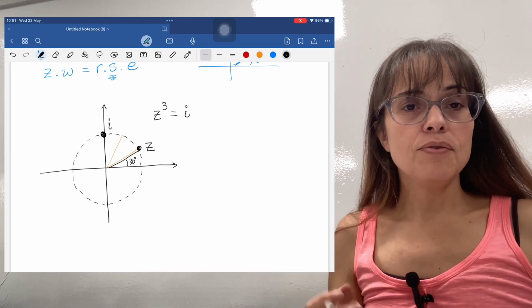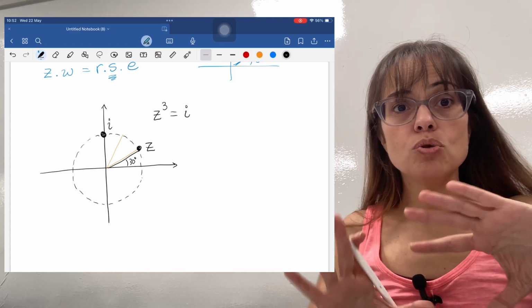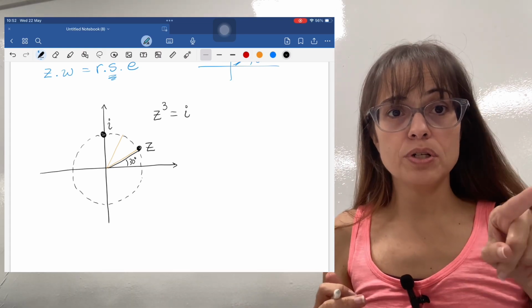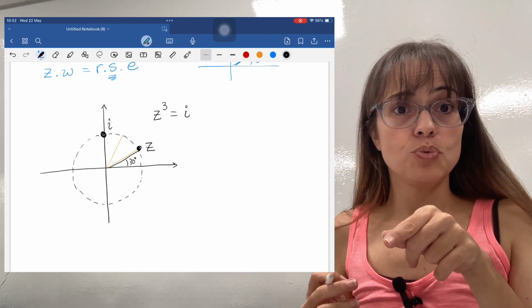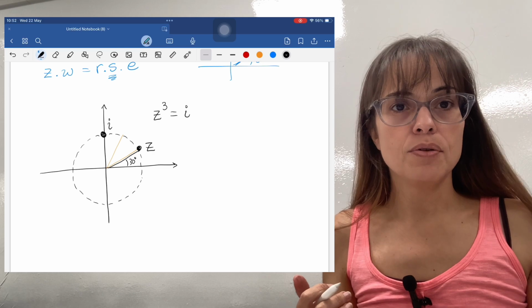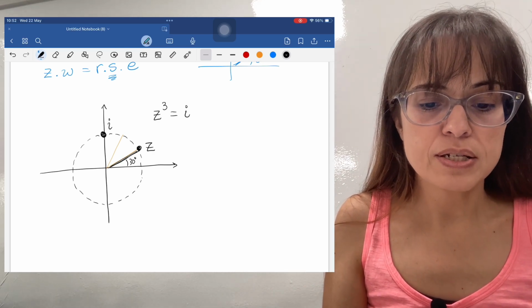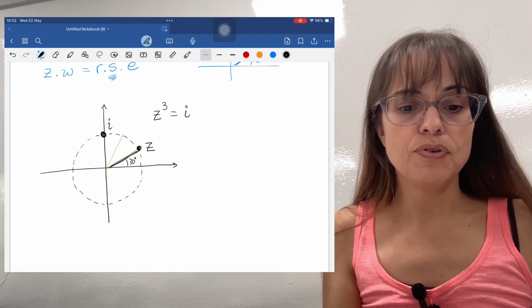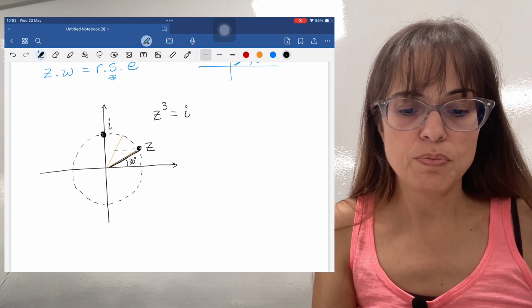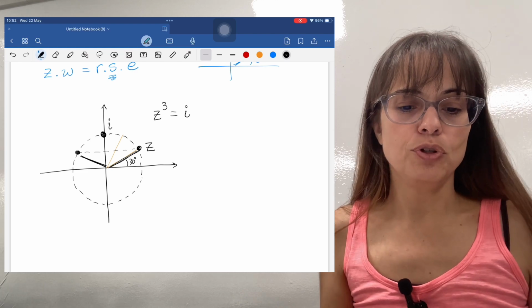But now, if you want the other two, you don't need to calculate anything. You just need to rotate this one 120 degrees and then another 120 degrees, because it will be the same picture as we were just drawing for the roots of unity. So 120 plus 30 is 150, which in this case is going to bring me exactly to the other side of the unit circle.